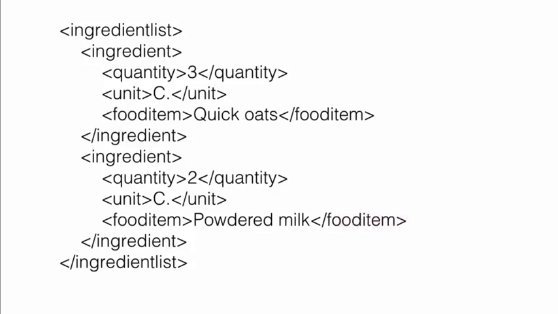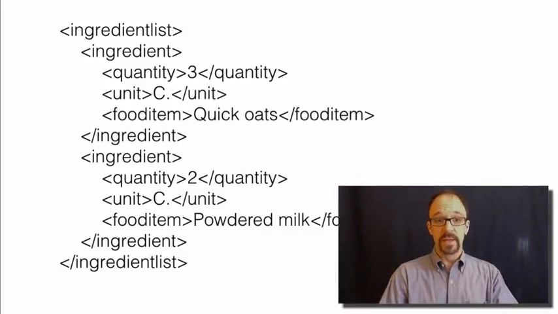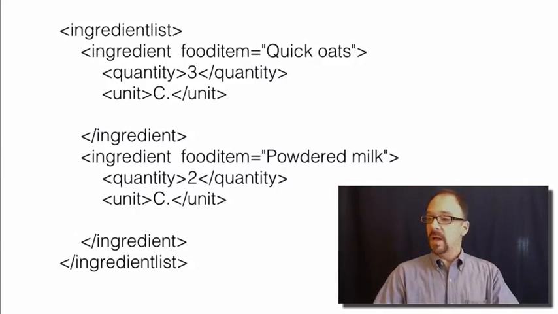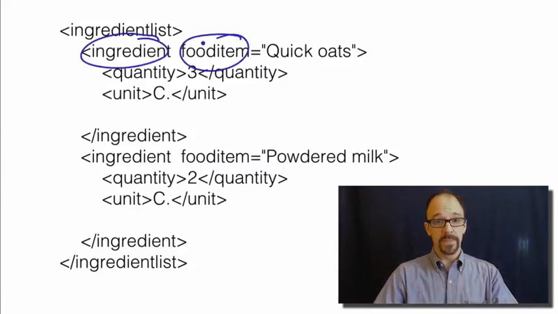So this is a piece of the same recipe we were just looking at. Ingredient, 3 cups of quick oats, etc. An alternative way to represent this recipe would be like this. Suddenly, the element ingredient has the attribute food item. Food item has the value quick oats.